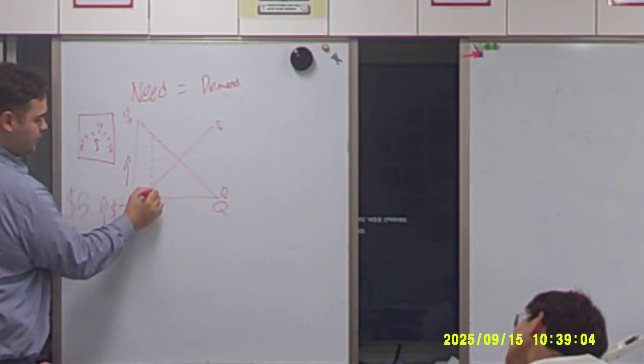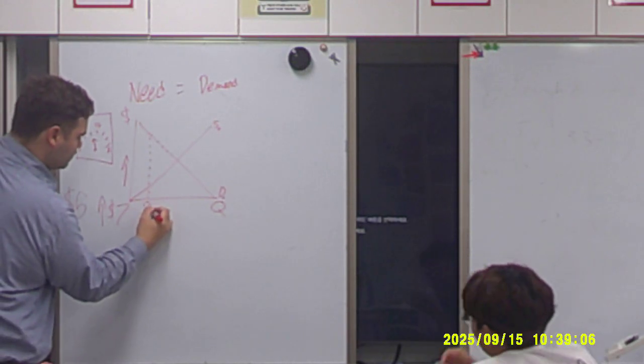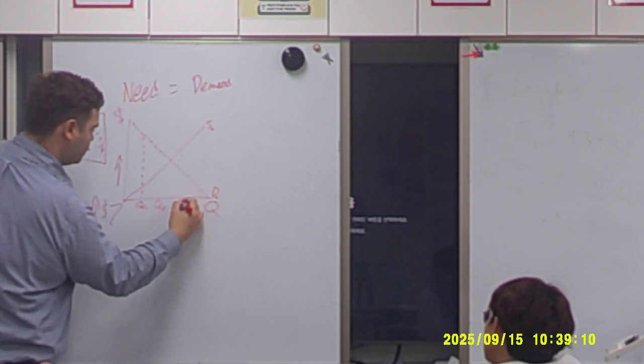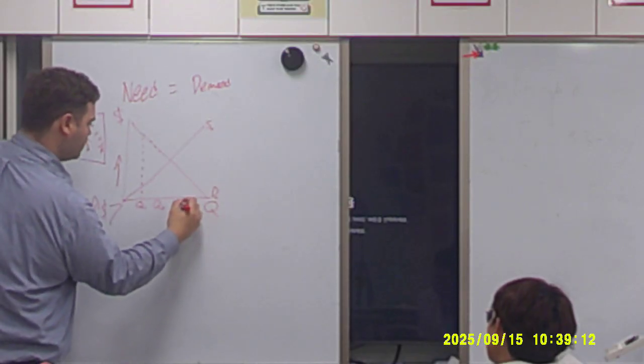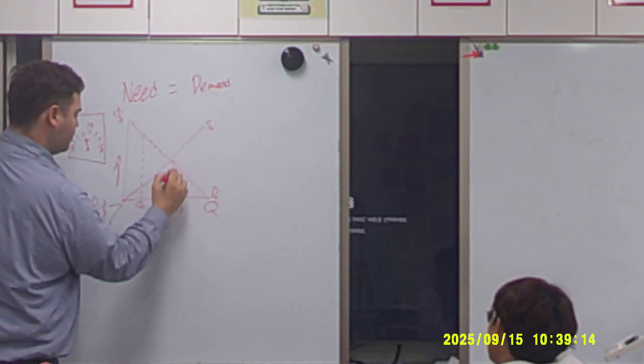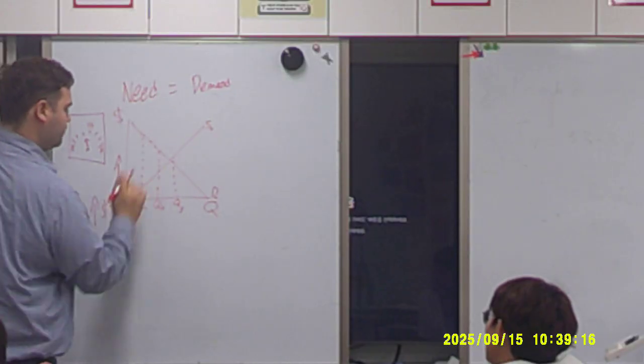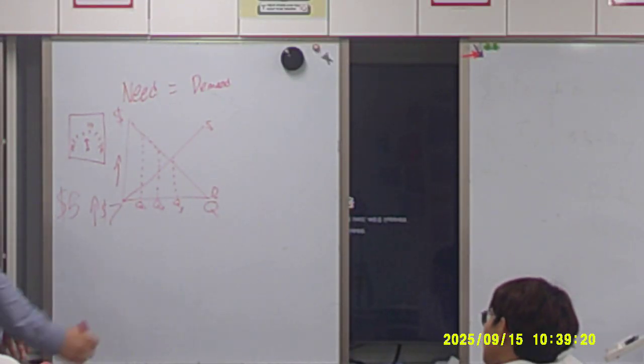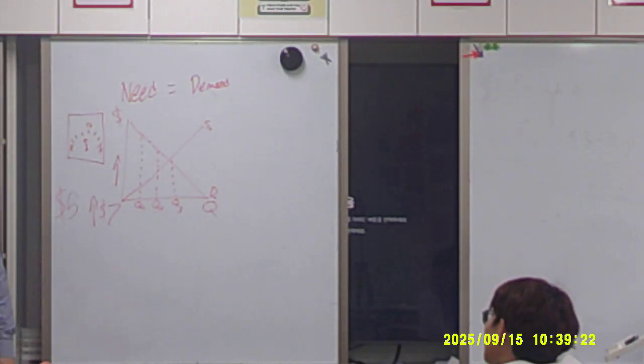The quantity here. You guys understand so far? Yes. Okay. So when the price increases, the amount of quantity drops. Okay, this is a normal graph.